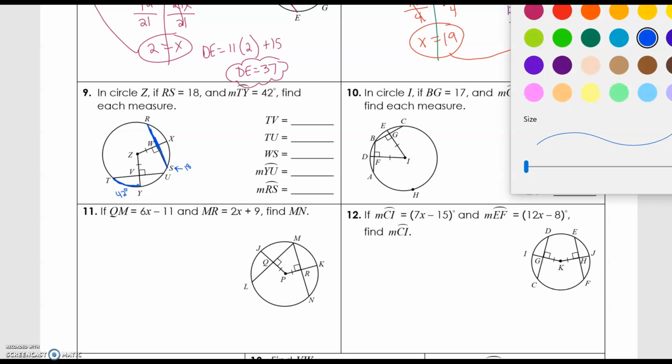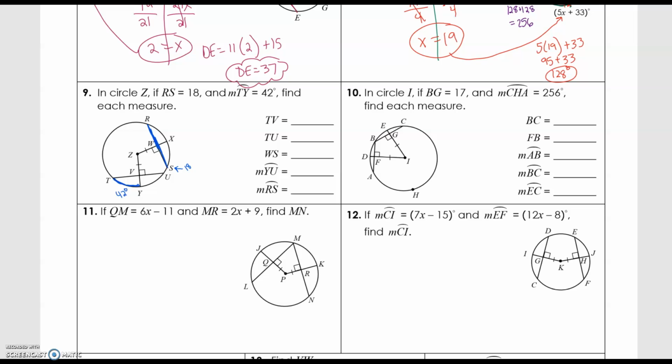So I'm going to change my color, but basically I know YU is going to also be 42 degrees. Then I know XR is going to be 42 degrees, and so is XS. So I'm just orienting my mind and saying, all right, if TY is 42, that means YU is 42, and these two over here are each 42.